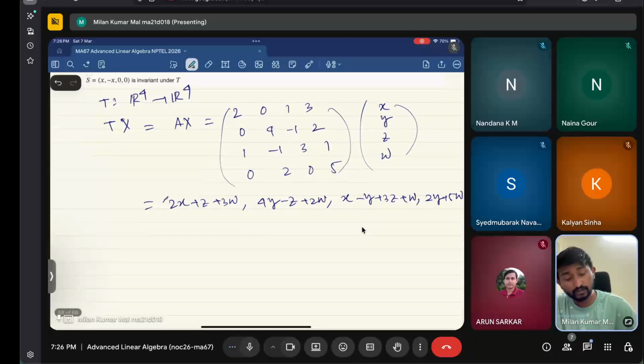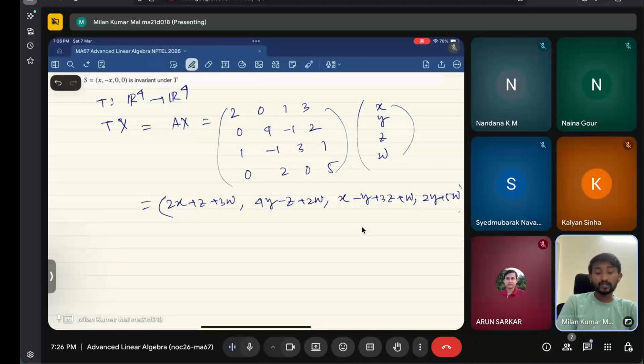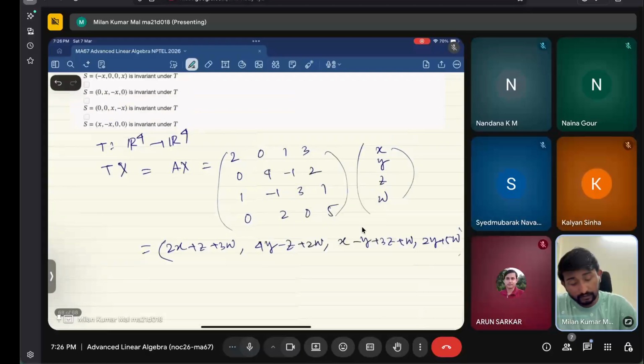This is what it is. Okay, Ax looks like this way: 2x plus z plus 3w and 4y minus z plus 2w, x minus y plus 3z plus w, 2y plus 5w. Okay, this is what it is. Now, so we have this one.